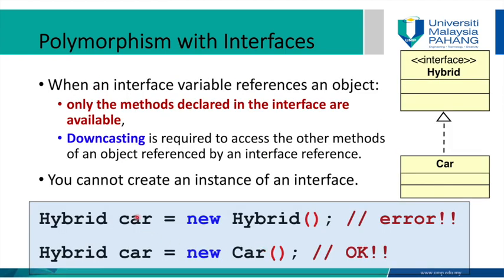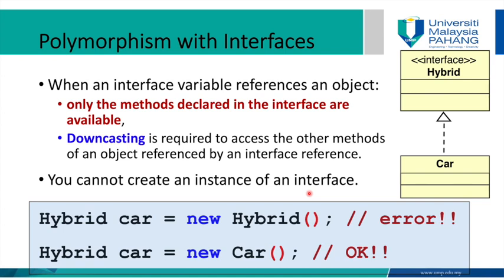So when an interface variable references an object, only methods that have been declared in the interface are available, and downcasting is needed, like I mentioned earlier. You cannot create an instance of an interface. It is not allowed.